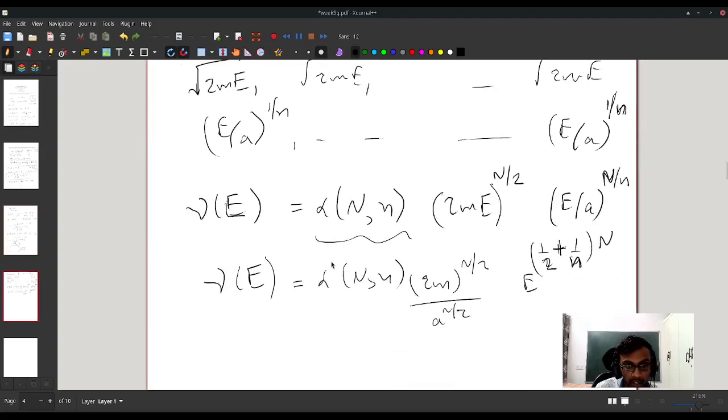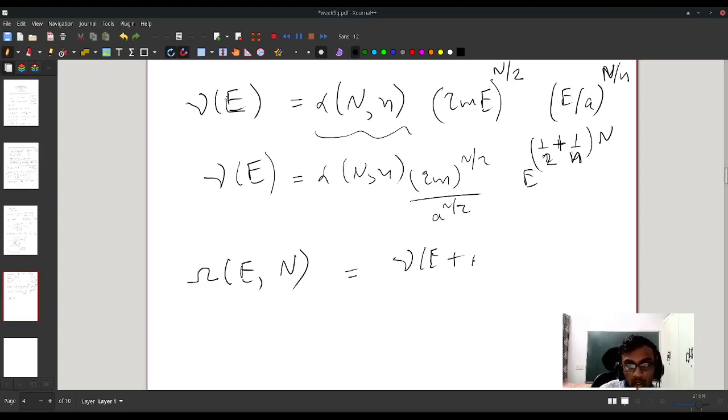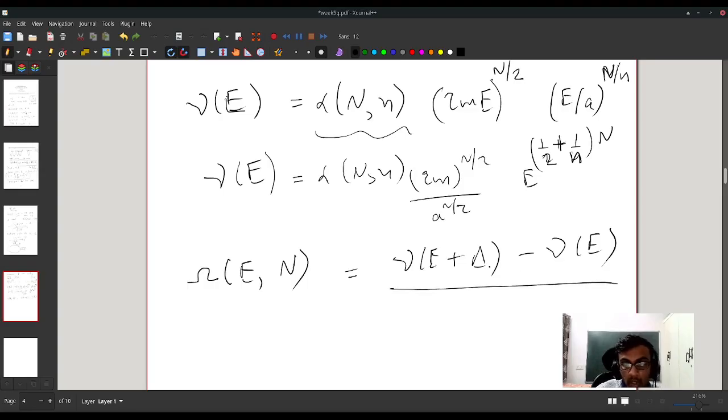But what we need is a difference of two such volumes. So ultimately what we need is this number of microstates omega as a function of E and N. This is going to be the volume of the phase space of interest, divided by some dimensionful quantity to make it dimensionless.